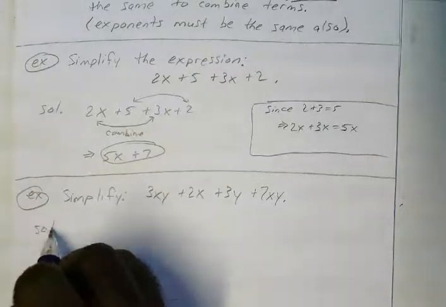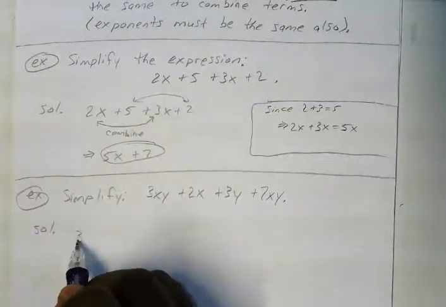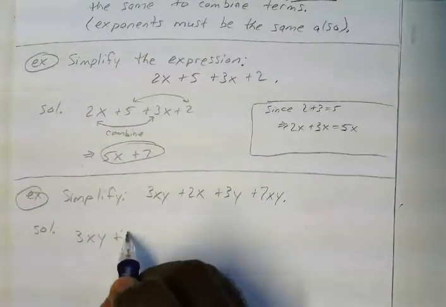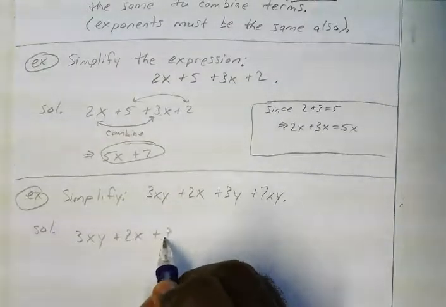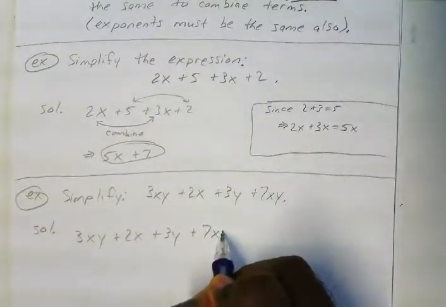Okay, so again, we're just going to go ahead and rewrite it: 3xy plus 2x plus 3y plus 7xy.